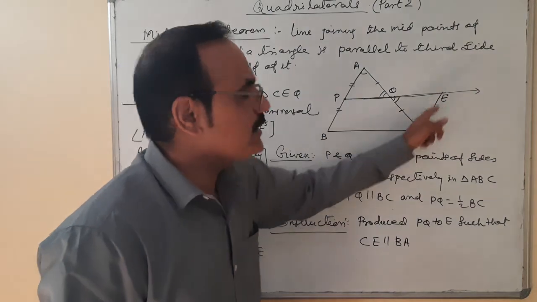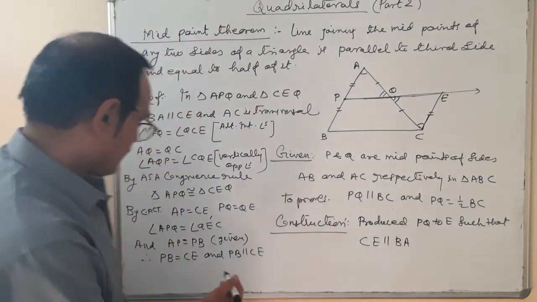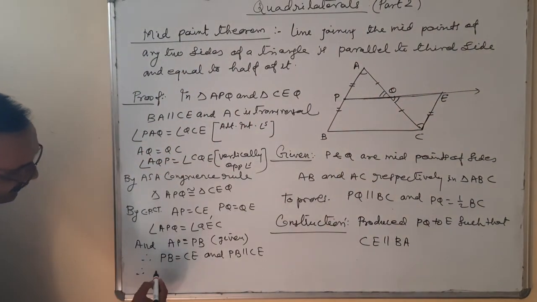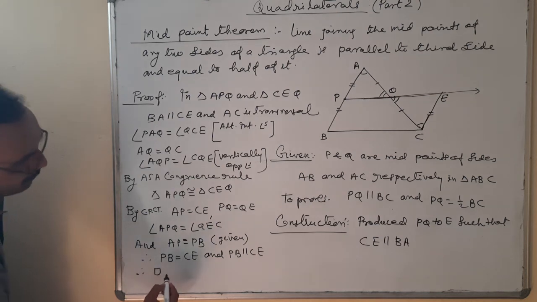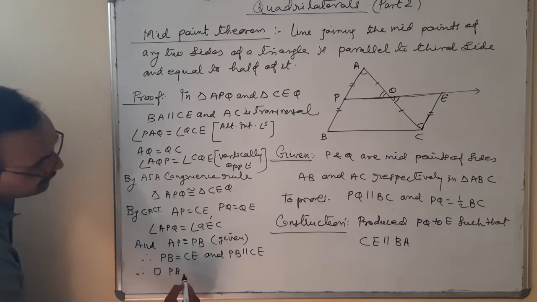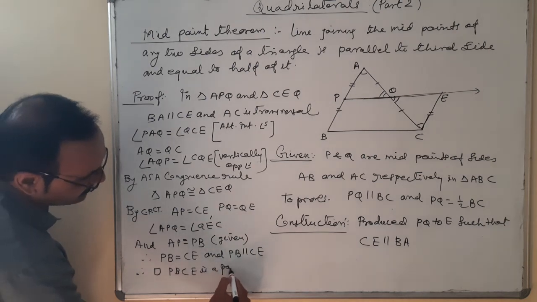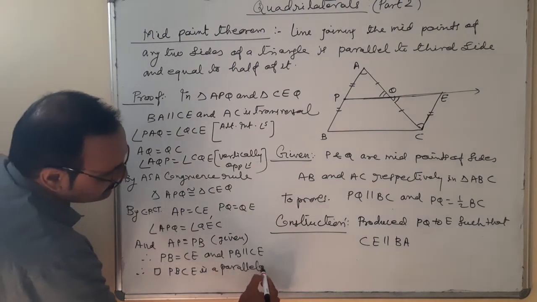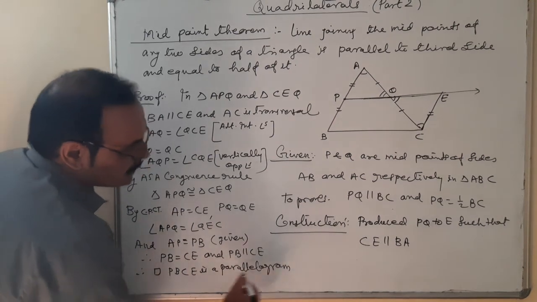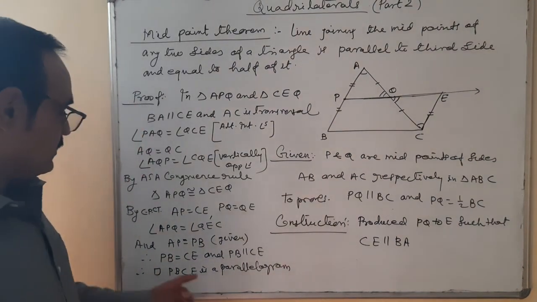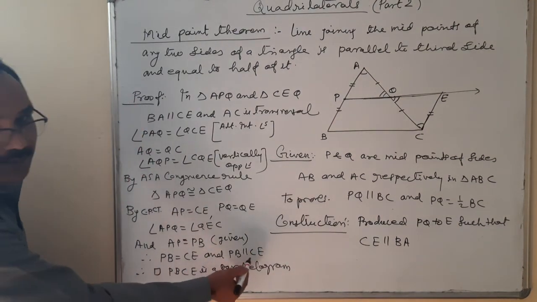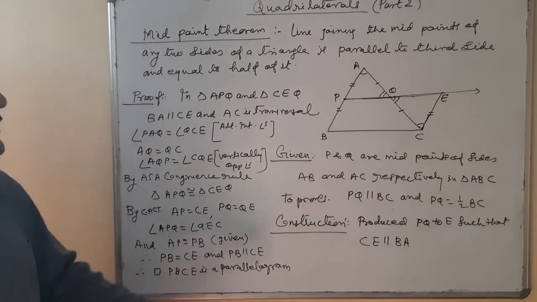Therefore, PBCE is a parallelogram. What is the reason? Because one pair is equal as well as parallel.